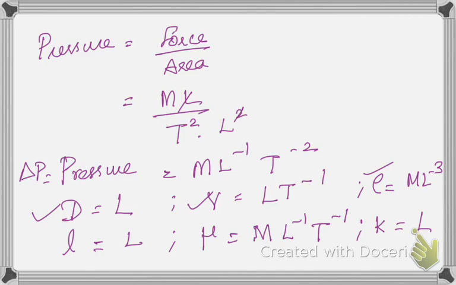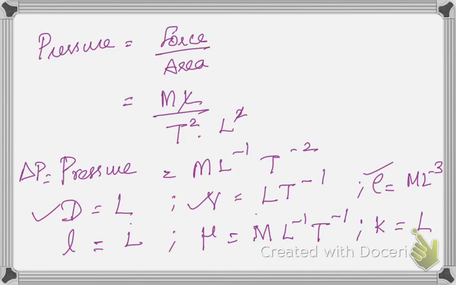So I am choosing D, V and rho as the repeating variables here. Because you can see, one dimension is L, another is L T power minus 1 and another is M L power minus 3. So each and every one has a different dimension, and these repeating variables represent one fluid property, one flow property and one geometric property.